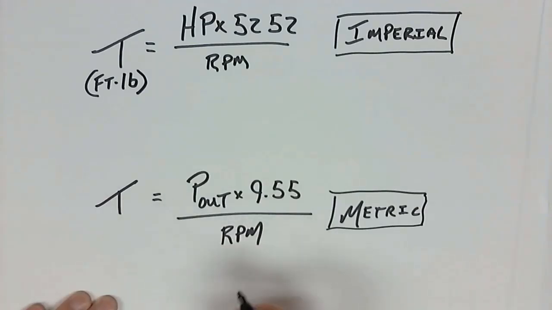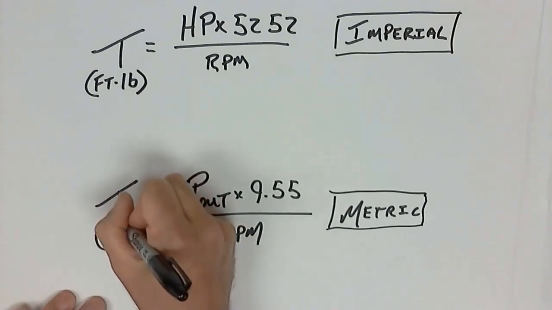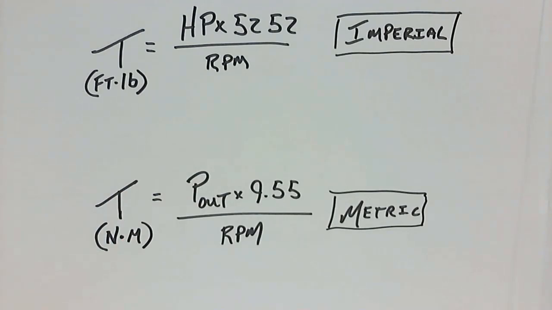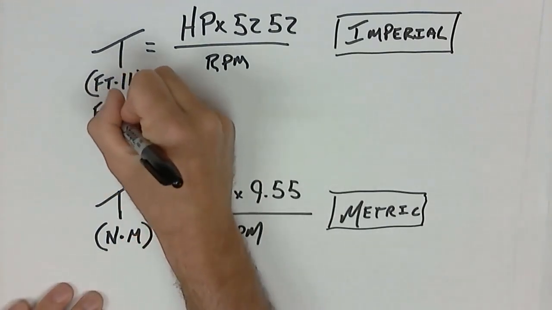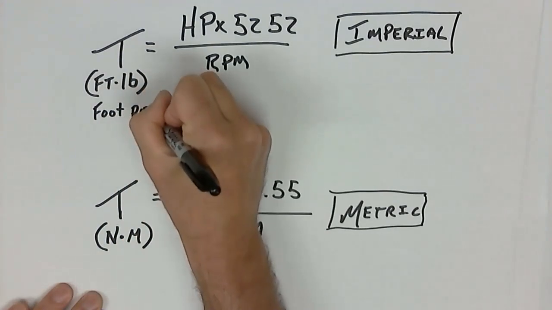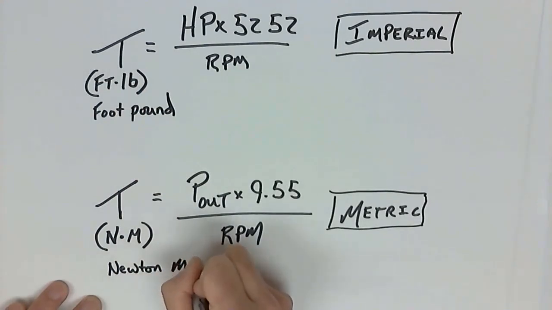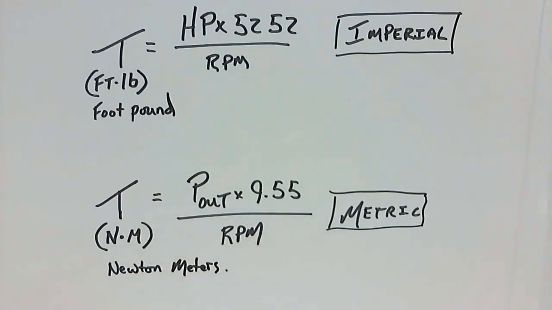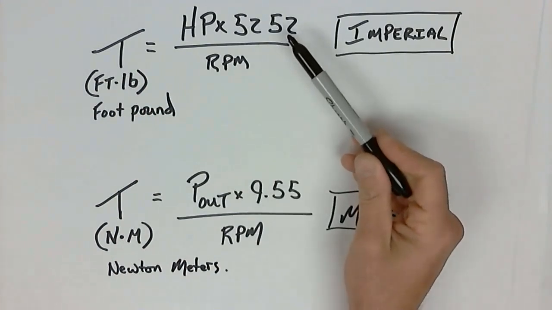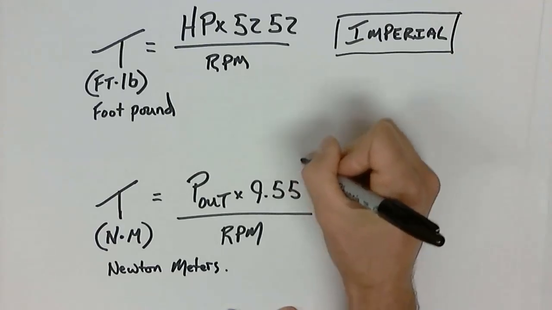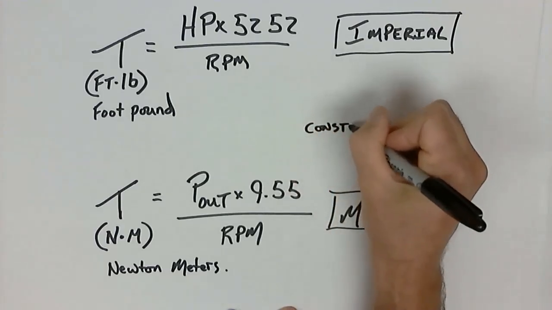Whereas torque in metric, again force and direction, is referred to as Newton meters. So this is foot-pounds, and this is Newton meters. 5252 would be our standard engineered constant. So is 9.55. So this is just a constant value.